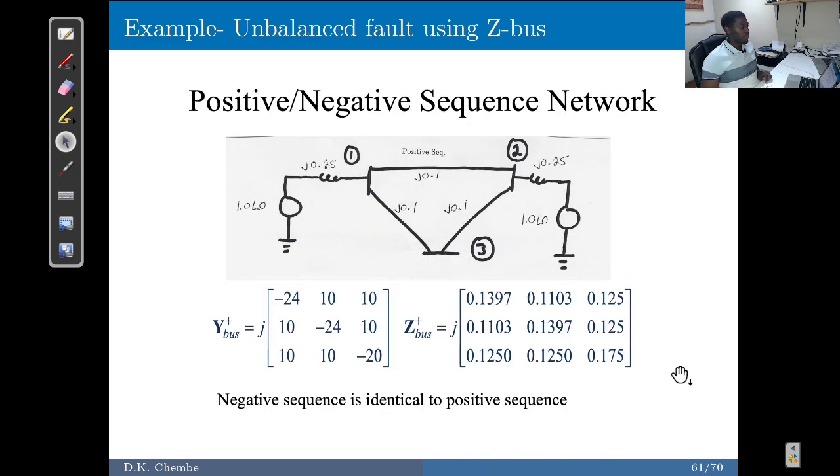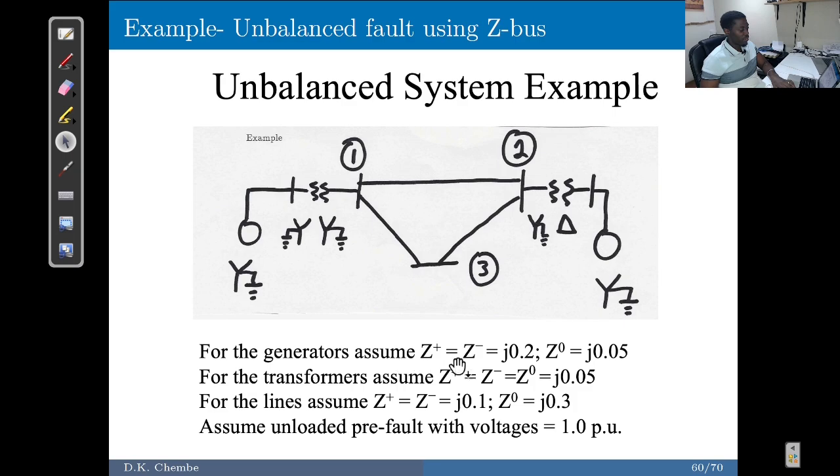Now, if we are to solve for the impedances, this is our network now in the positive sequence. These are the variables we've been given for the positive sequence. The positive sequence is equal to the negative sequence for the generators, J0.2.